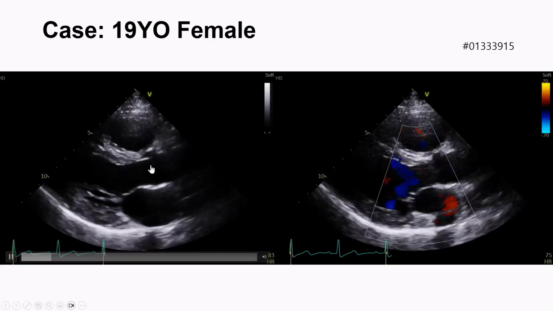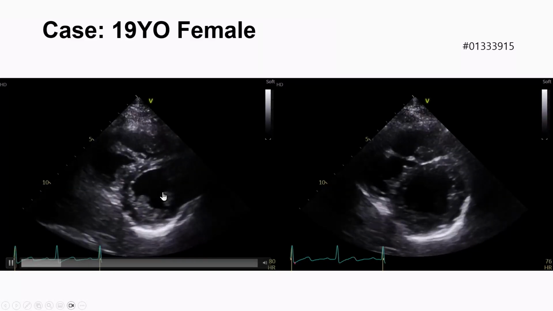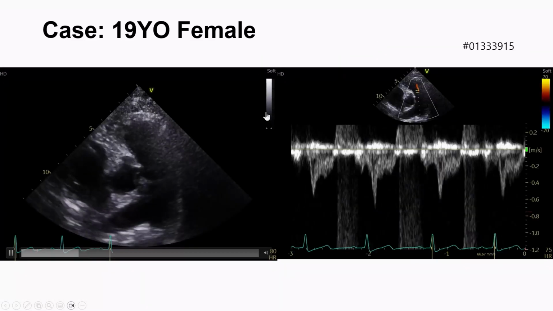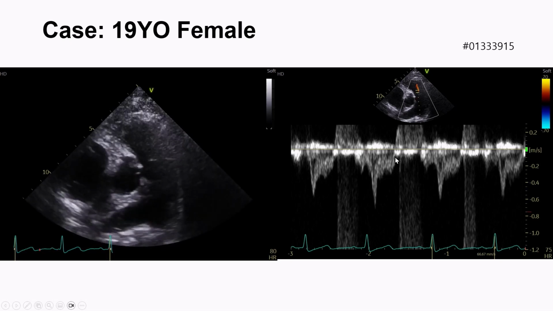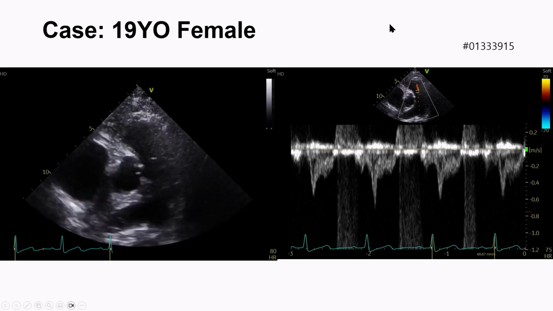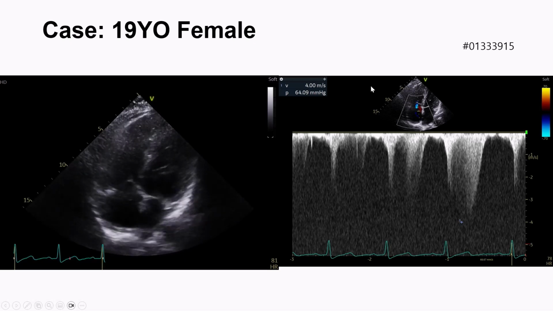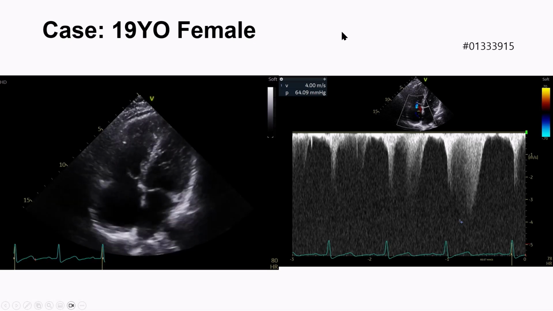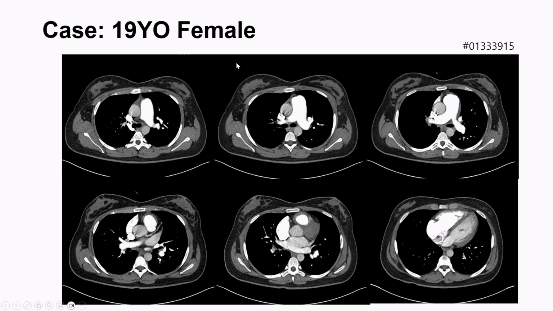The echo showed a dilated RV and D-shaped LV, with a markedly dilated pulmonary artery and mid-systolic notching of the PW Doppler signal, suggesting the presence of PH, and RV dysfunction with RV hypertrophy. Her TR Vmax was about 4.0 meters per second. Her CT showed a markedly dilated pulmonary artery, but no visible thrombus.